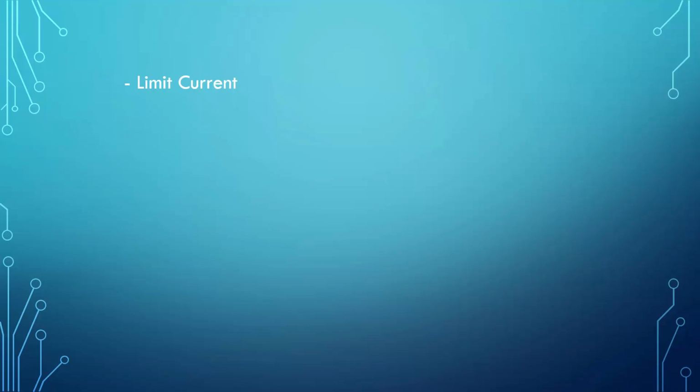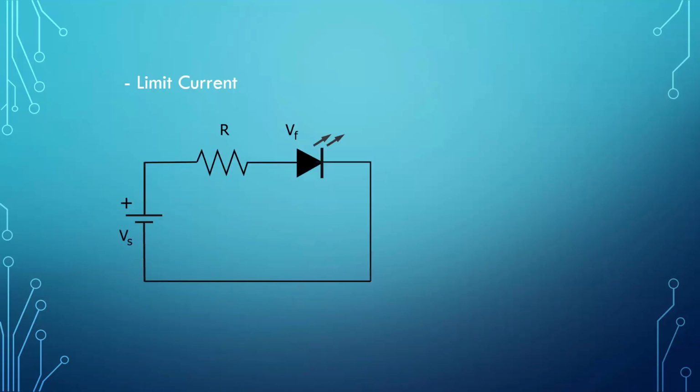It also can be used for current limiting purposes. A current limiting resistor is exactly what its name describes. Anytime you need to limit the current going to another component, you can do so by inserting a resistor in series with that component.